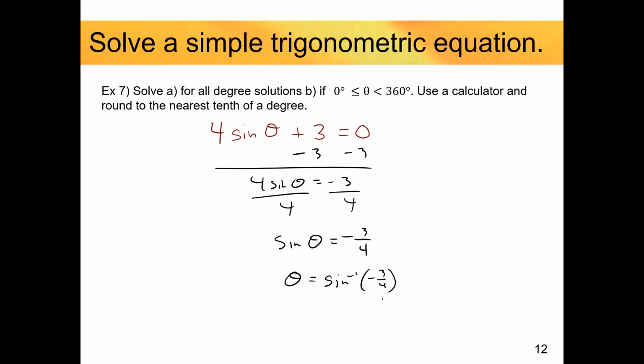We forget about the negative just for a little bit. On your calculator, punch in sine inverse of positive 3/4, and make sure you are in degree mode. Give me that value to the nearest 1/10 of a degree. 48.6 degrees, we are good.